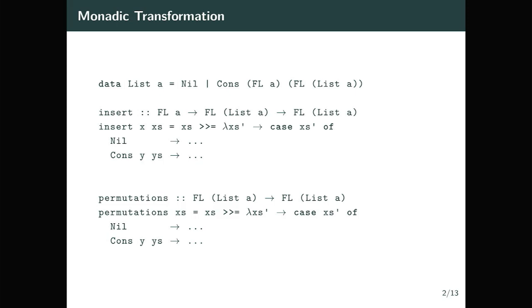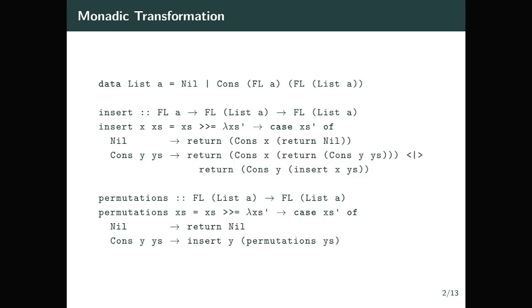The rest is very technical, but basically we can adjust the right-hand sides of our cases accordingly and end up with something like this, where, similar to before, we just return a singleton list in this case, or we replace the choice operator with an alternative operator or monad plus operator, which we require our function logic monad to implement, to be an instance of monad plus, to support non-determinism. And the permutations function looks nearly the same. It's perfectly fine. This code actually works.